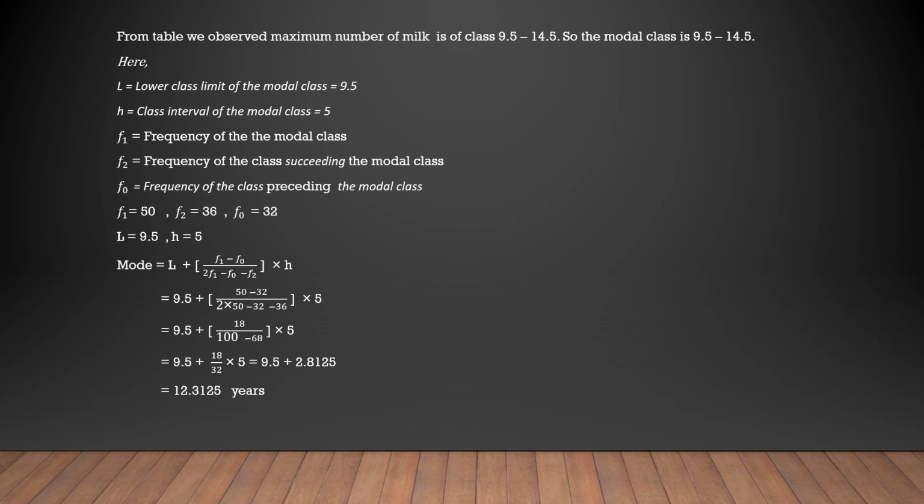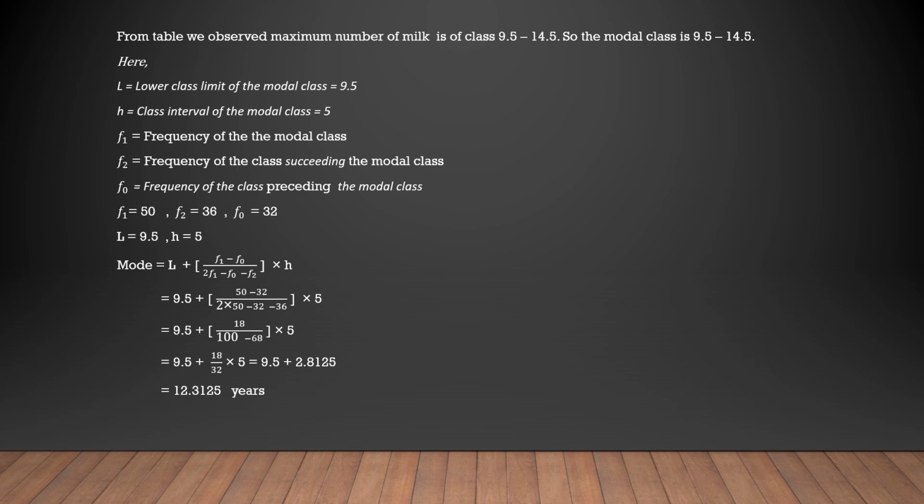Then 9.5 plus 50 minus 32. 50 minus 32 is 18, and 2 into 50 is 100 minus 32 minus 36, and 32 plus 36 is 68, into 5. 9.5 plus 18 by 100 minus 68 into 5.